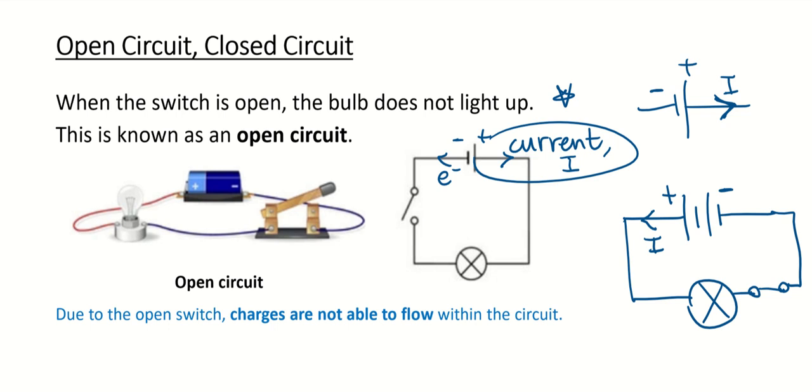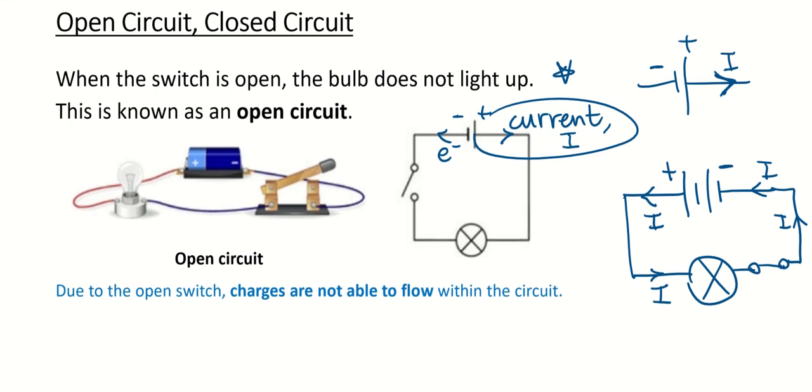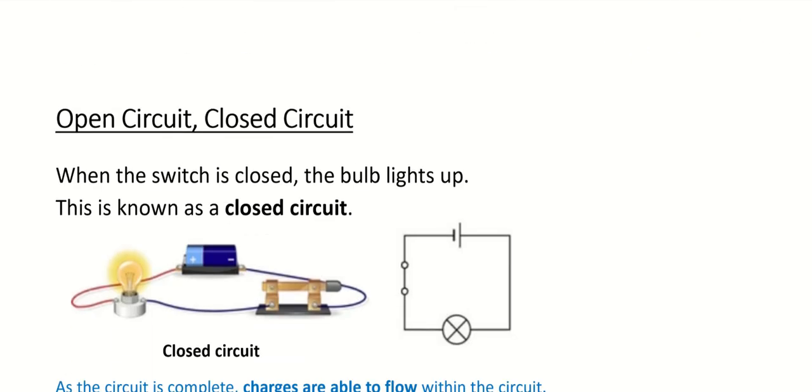You can represent it using letter I, and this current will continue into the light bulb. And eventually it will flow back into the cell. However, for this case, because of the open switch, the charges are not able to flow. Current is not able to flow. Therefore, of course, the light bulb will not light up.